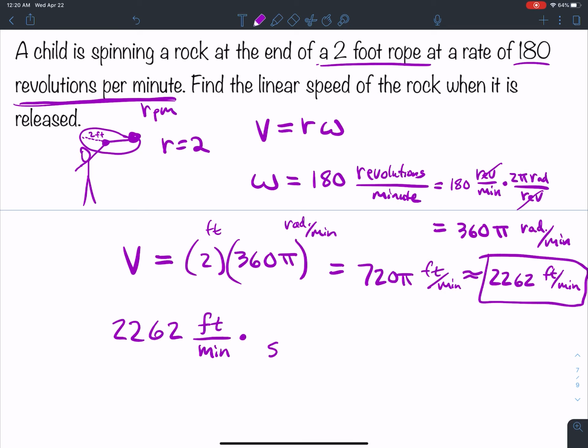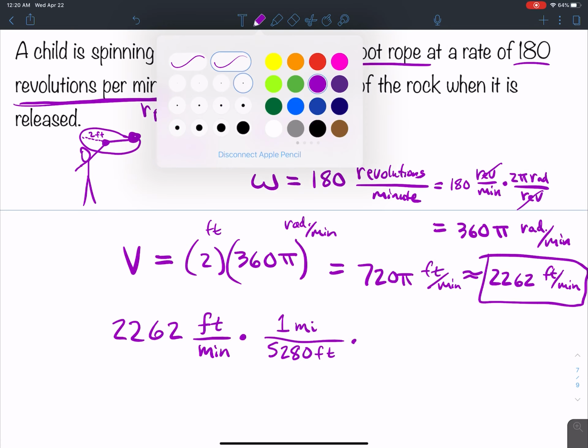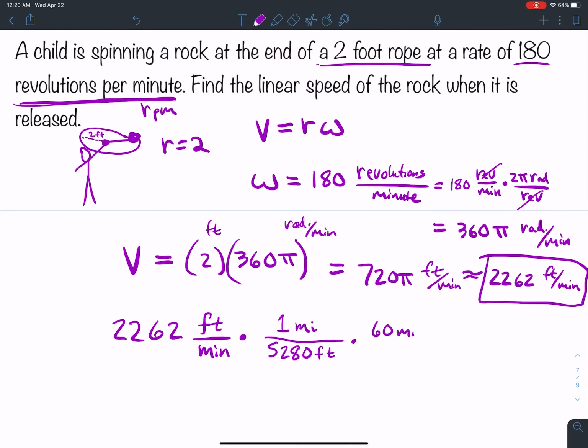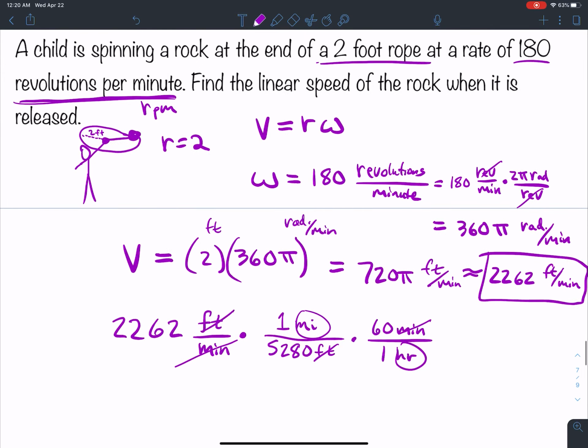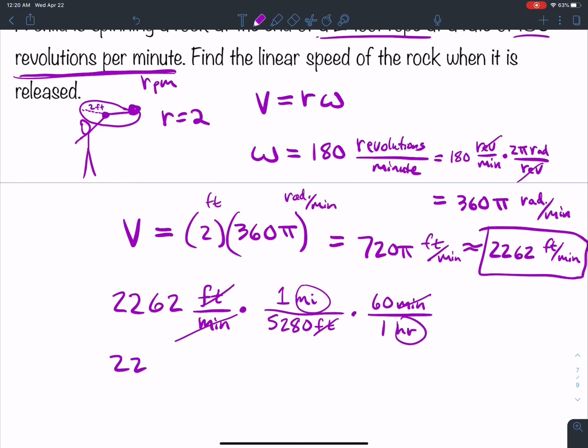Probably should have known that before. Whatever, it's been a while. And there are 60 minutes in 1 hour. So the minutes cancel and the feet cancel, and you're left with miles per hour. So I multiply 2262 times 60 and then divide by 5,280.